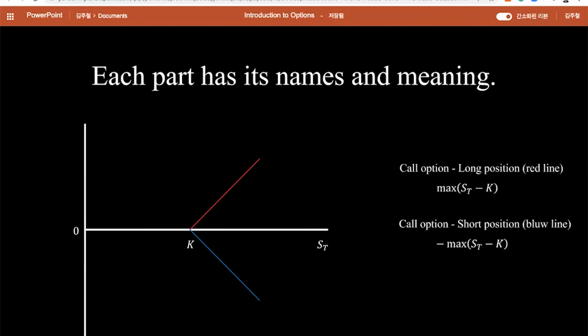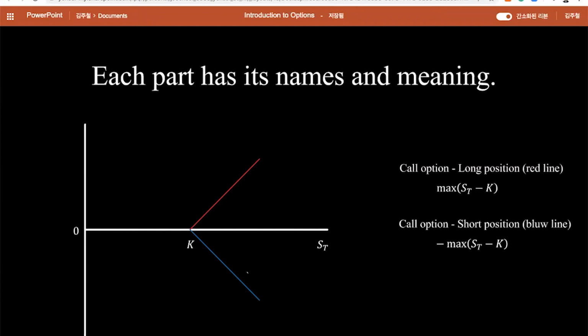So, okay, I will continue talking about the call option. For the call option, the long position is always better than the short position. So if there were no cash flows at the beginning, then there would be no such thing in the future.